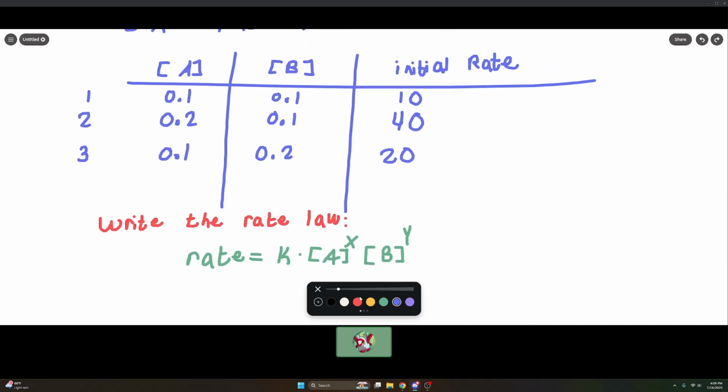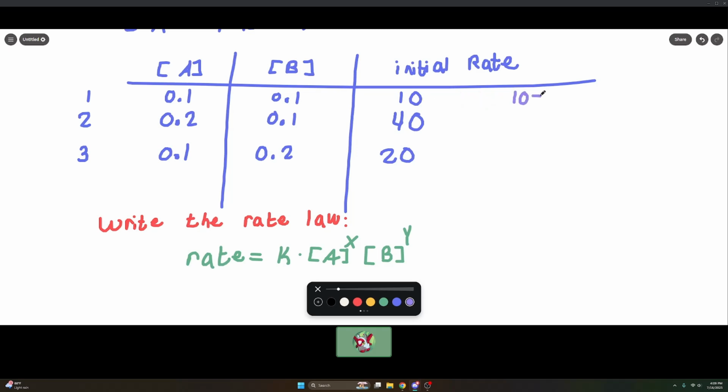One thing that's really interesting is I could set up this equation utilizing one of my lines, right? Like, let's say I just decided line 1. I could say that the rate law for this step is the same skeleton: rate equals K, concentration of A, concentration of B. Well, I can plug in numbers. My rate is 10.